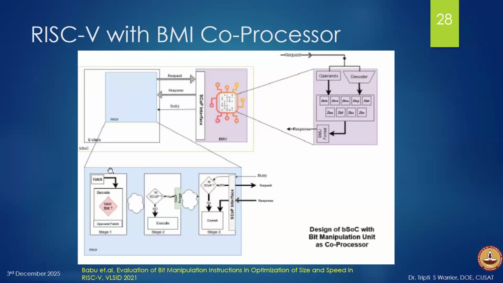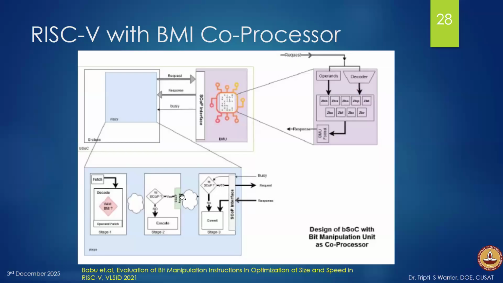So what happens is that when you fetch an instruction, at the decode stage we check whether it is a bit manipulation extension instruction or not, that is, whether it is related to the SCOPE interface or not. If it is not a SCOPE instruction, it is a normal instruction, and your normal pipeline execution will happen.